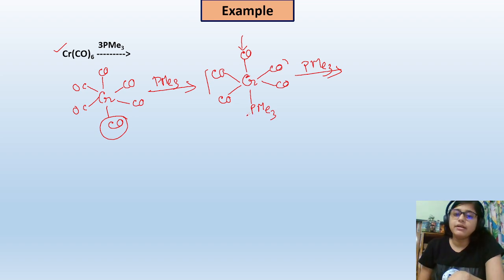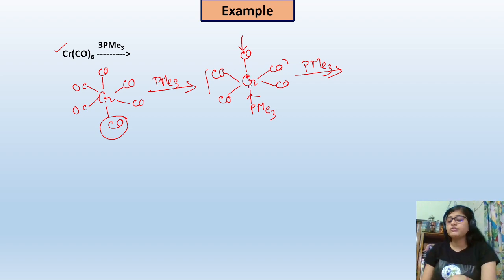So what will happen for PMe3, because here the only difference is that PMe3 is present, right? COs are sigma donor, pi acceptor ligands, which draw electron density from the metal, and PMe3 is a sigma donor ligand, which doesn't draw any electron from the metal. Instead, it will increase the electron density of the metal.